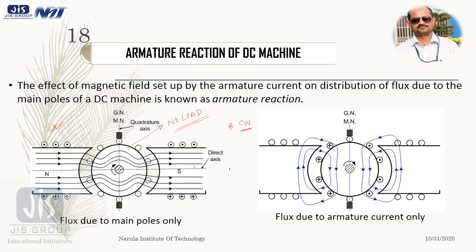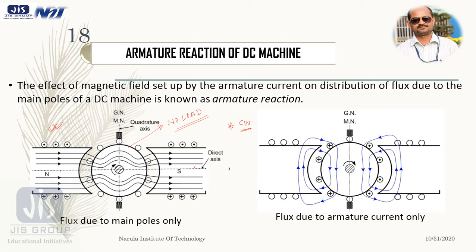Right now it is in no load condition because there is no current flowing through the armature. So the flux distribution is solely due to the MMF of main poles. So flux, we know, leaves the north pole and enters the south pole. This flux distribution has been shown in the figure.